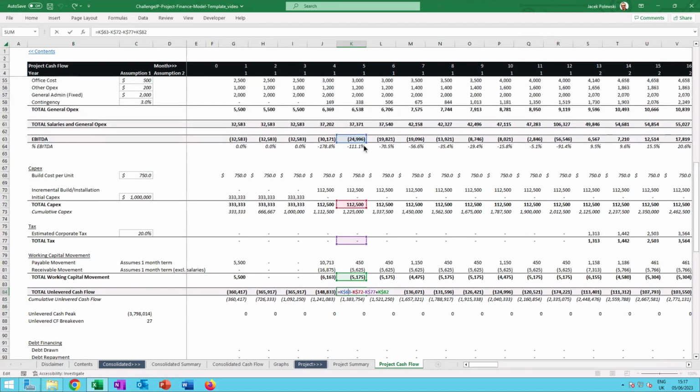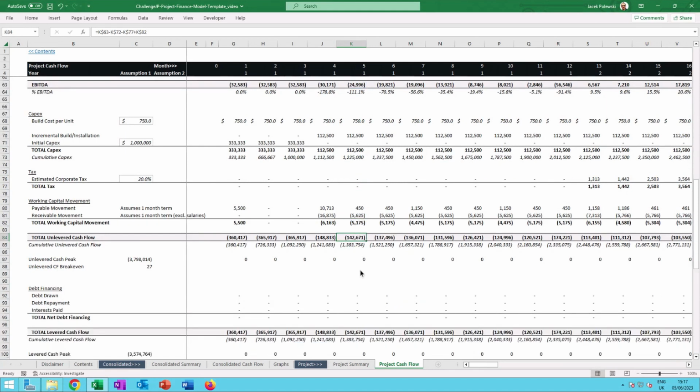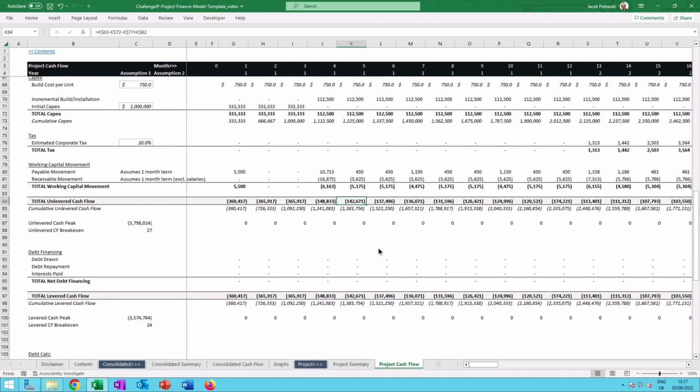Cash flow being my EBITDA minus the CapEx minus the tax, and then adjustment for the working capital. I call it unlevered cash flow, which indicates that this is the cash that comes before any debt injections. And that is something that I want to talk about next.